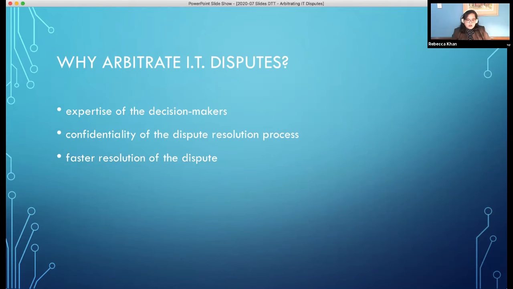And also, another advantage of having decision makers who have sufficient or even expert knowledge in the field is that they can become more proactive when examining evidence. When an arbitrator is well acquainted with the type of technology involved or the types of deliverables in that IT contract, they can be more than merely passive listeners to evidence being presented.